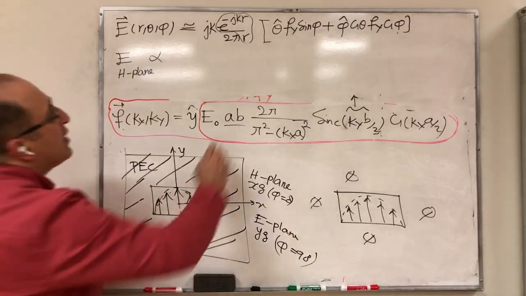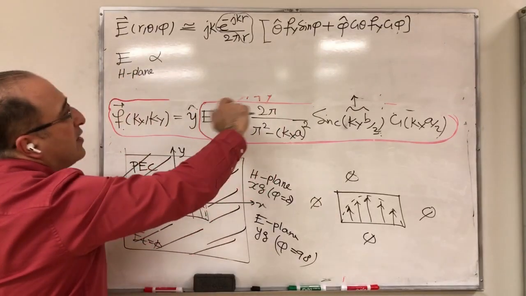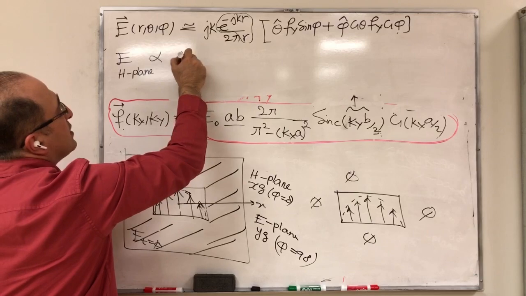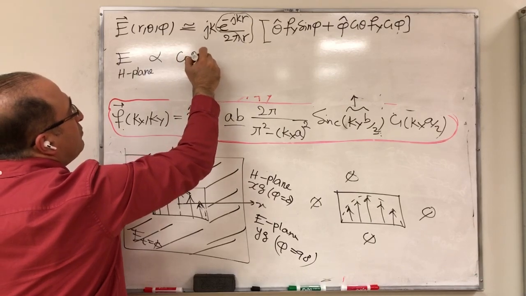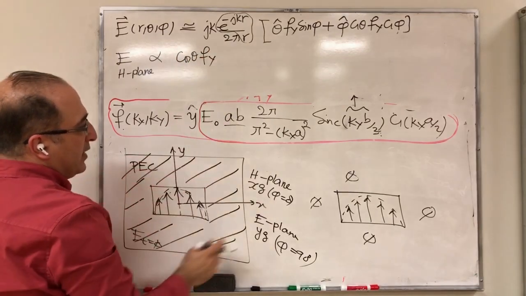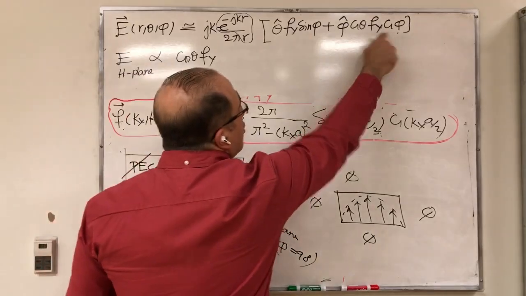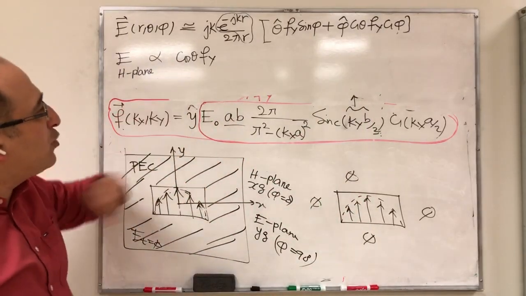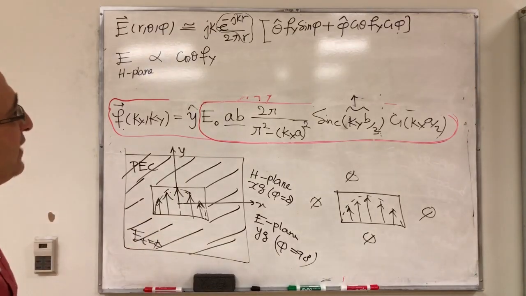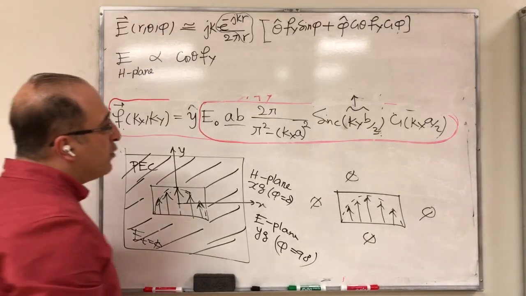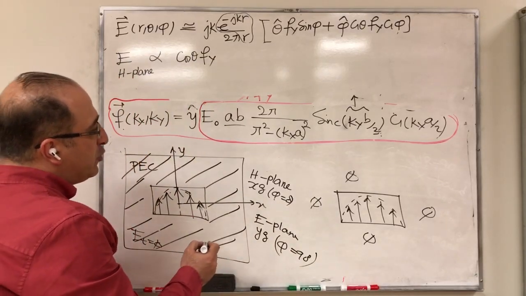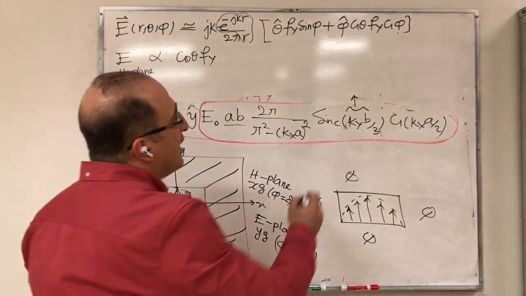If phi equals 0, this term vanishes. We come to this term, and this term becomes cos theta Fy, because phi equals 0 and cos of 0 is 1. So I'm going to have cos theta Fy. Now I'm going to substitute for Kx and Ky. What would be my Kx and Ky?